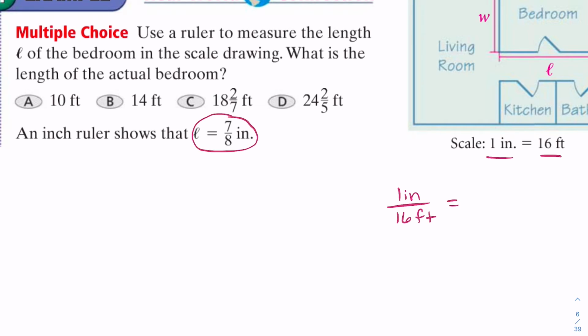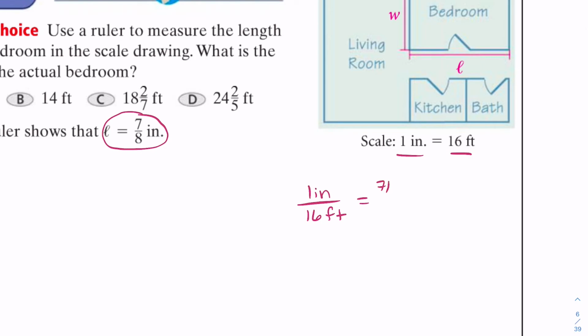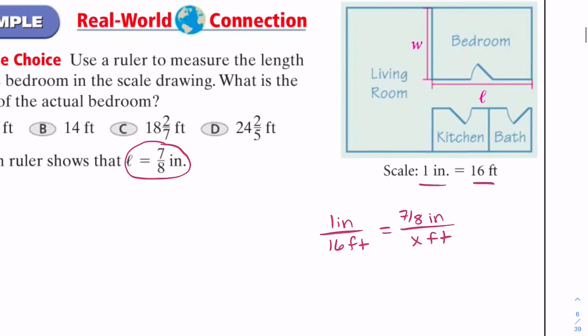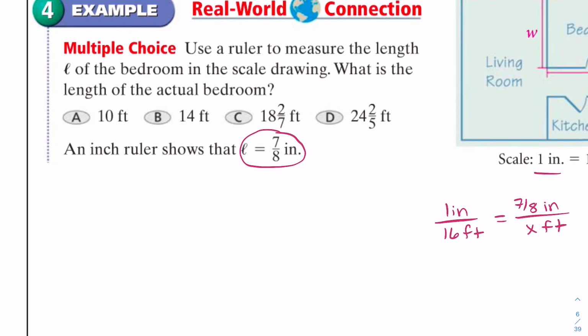So we're going to do 7/8 of an inch over x feet, because really what we want to know is, what is the actual length of the bedroom? Well, that's going to be in feet, right?